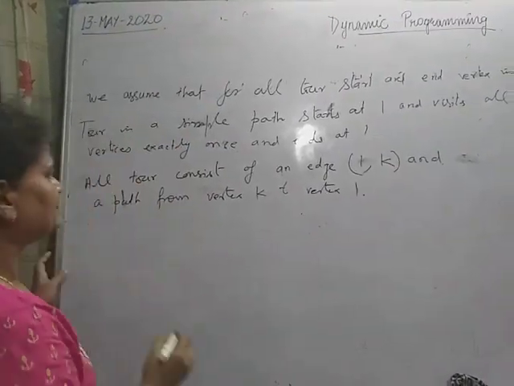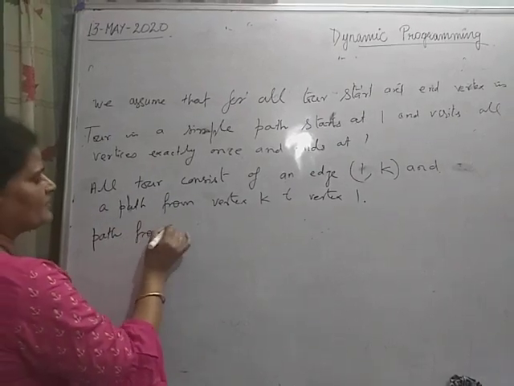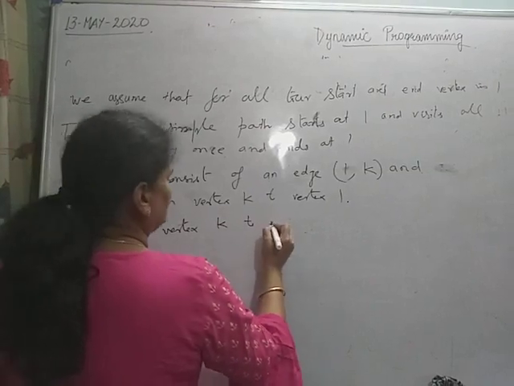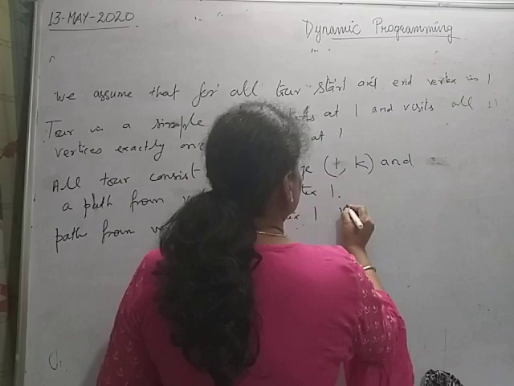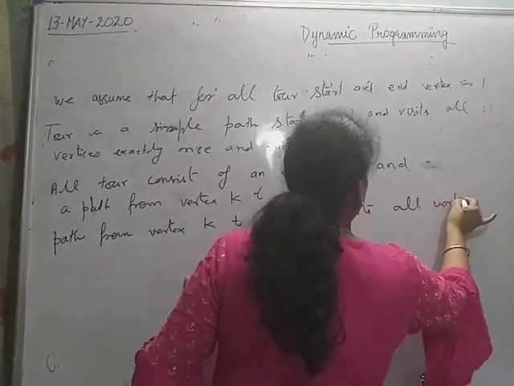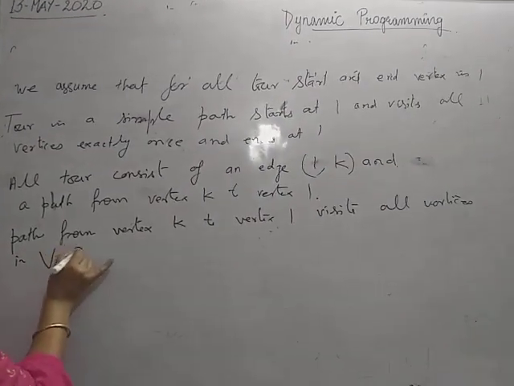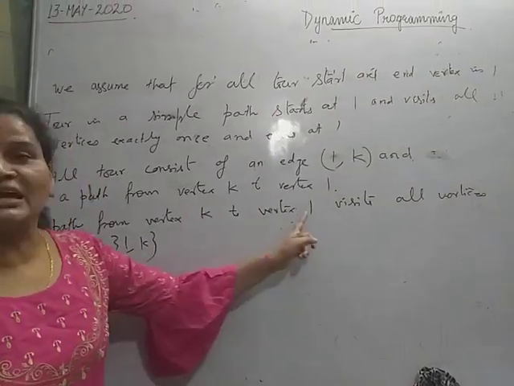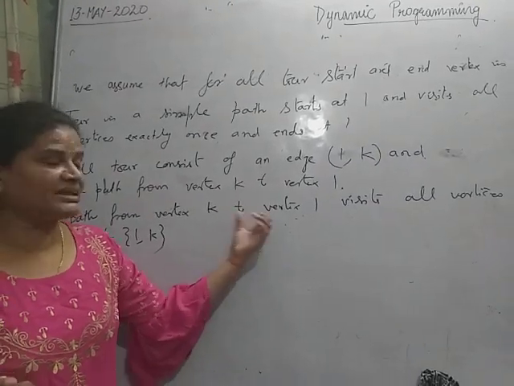Okay, and the path from vertex k to vertex 1 contains all vertices in V minus {1, k}, because in the path from k to 1, I am talking about the vertices that occur in the path k to 1.